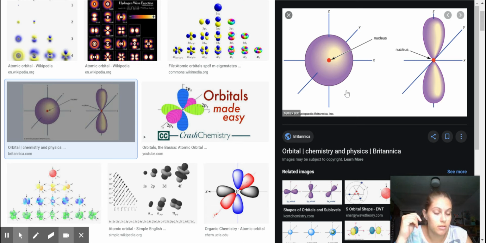So it's shaped like a circle, and this would be the house where those first two electrons hang out. The nucleus is in the middle, and this shows you what it looks like, the X, Y axis and Z axis, just the different planes that they exist in. Usually the x-axis is the flat one, and the y-axis is the vertical one, and then the z-axis is the one coming out at you. So this shape is a sphere around the nucleus.